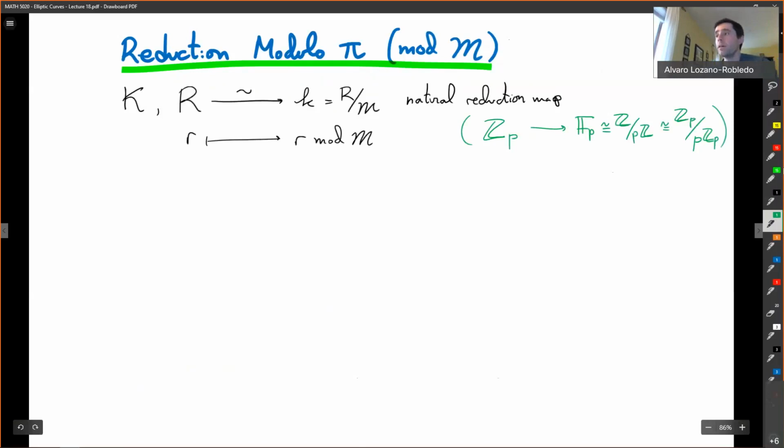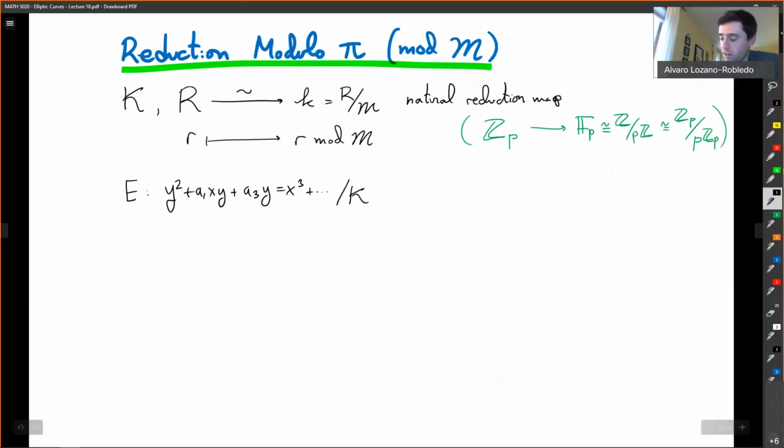Okay. And what we're going to do is now, if we have an elliptic curve E with coefficients, y² + a1xy + a3y = x³ + ..., and I'm going to assume that it's given by a minimal model. From now on, I'm always going to assume that if I'm talking about an elliptic curve over a local field, I have my curve in minimal form.